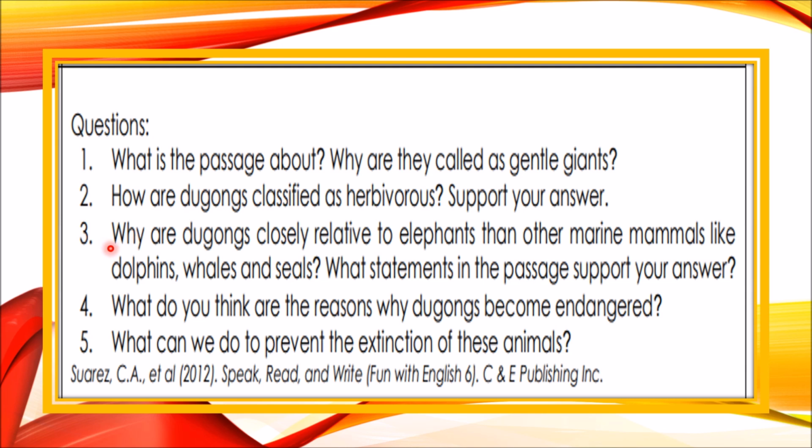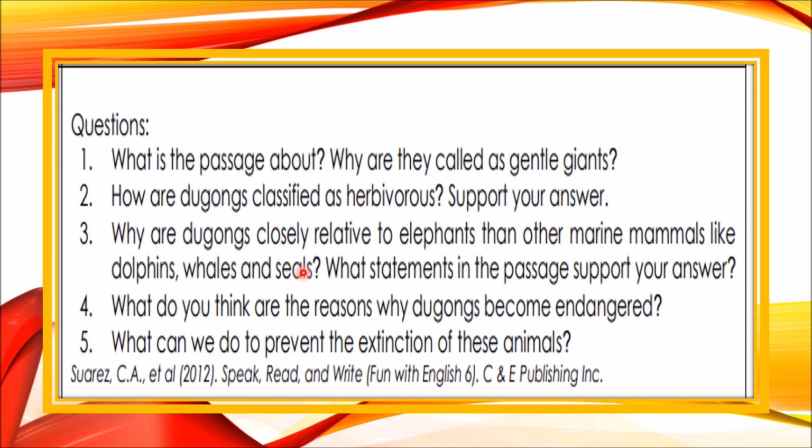And third question, why are dugongs closely related to elephants and other marine mammals like dolphins, whales, and seals?